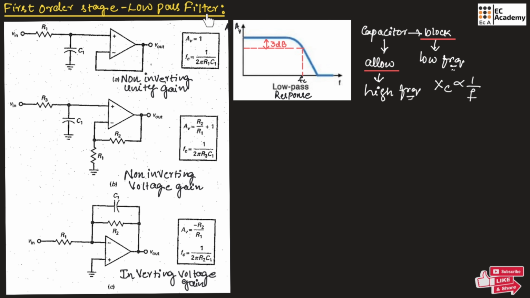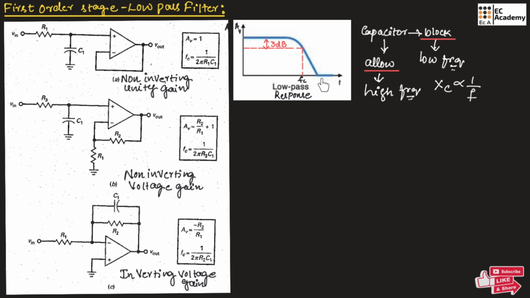In a low pass filter, first we will connect a resistor and then a capacitor. So whenever the frequency is low, from 0 to FC, the capacitor will act as open circuit. That's why all the frequencies will be available at the output from 0 to FC.